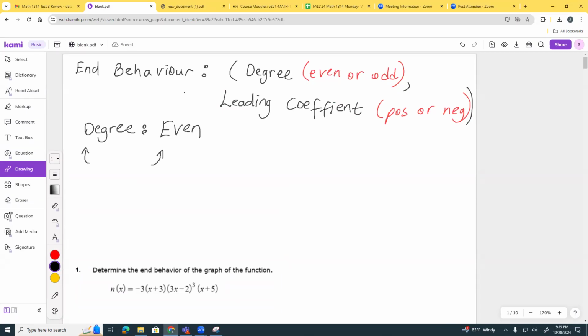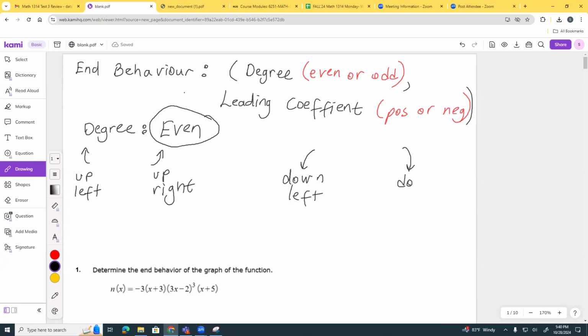They sometimes call it rises on the left, rises on the right, or the way the test is going to ask you is, we will say up left, up right. This is how the answer keys are created for the test. This is option 1. Or for the even, the second choice is it can be down left, down right.